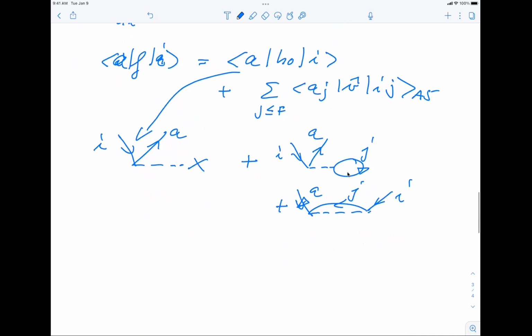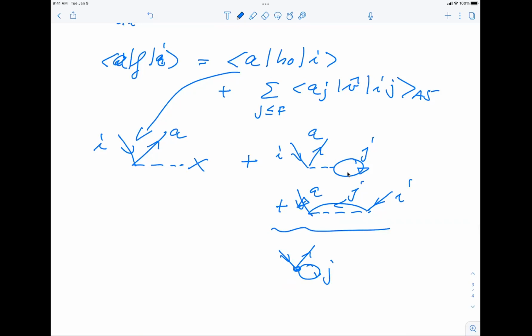Alternatively, these last two terms could now be shrunk into just a so-called Hugenholtz diagram, where we just have a loop here, J here. So that's a typical representation of an antisymmetric diagram, where we have lumped together both the direct term and the exchange term.